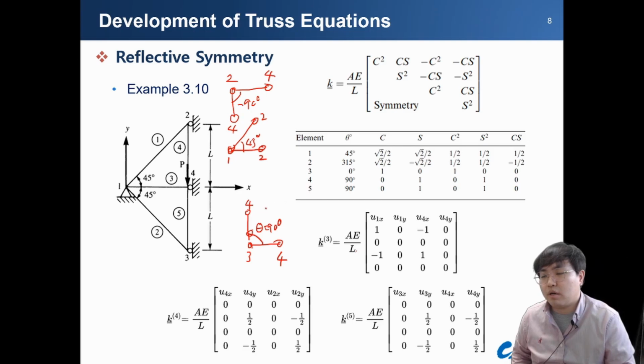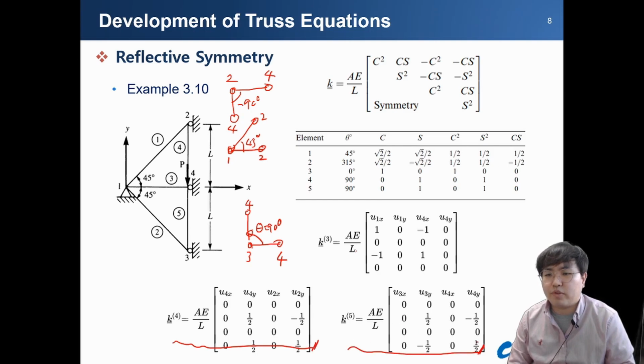Next time I'm going to use those kinds of equations, but just use it for now. Anyway, the transformed local stiffness matrices look like this.